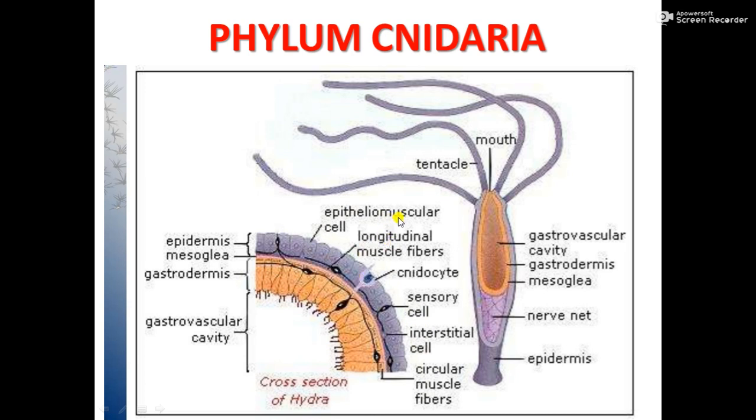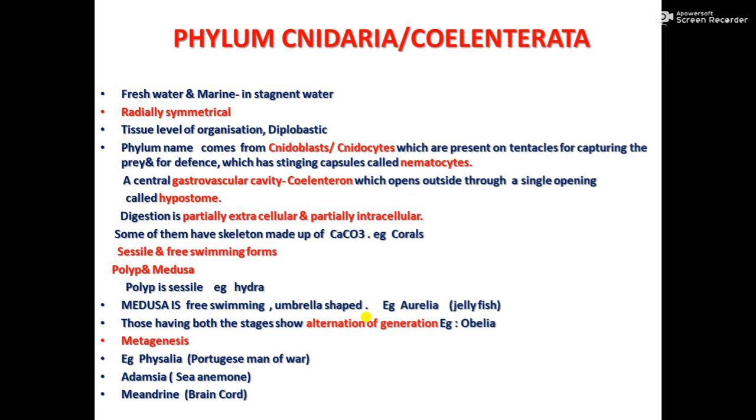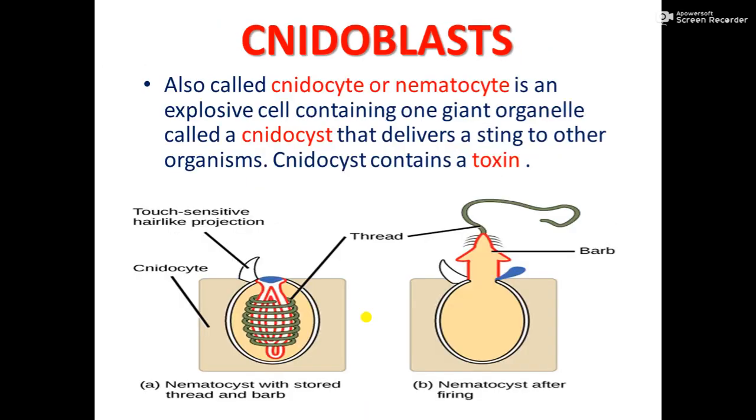For example, these muscular cells, longitudinal or circular muscle fibers, help them to move, sometimes somersaulting movement, etc. Then cnidocytes are for catching the prey. See, this cnidoblast, I want to show you the detailed structure.